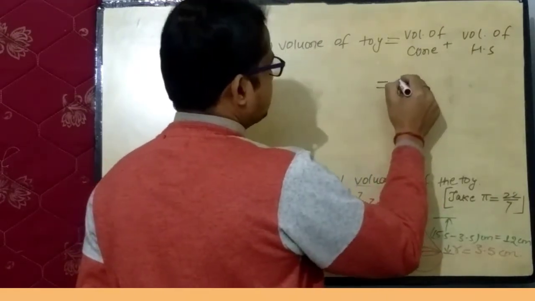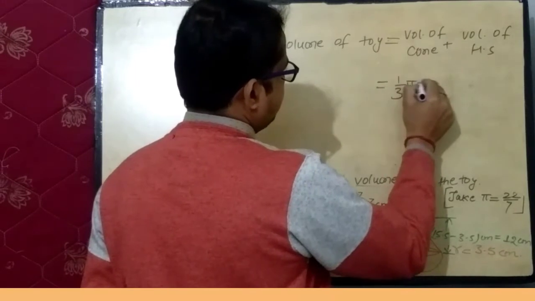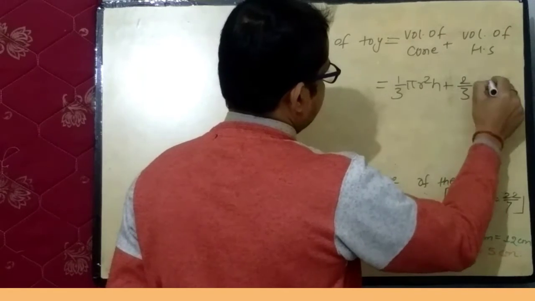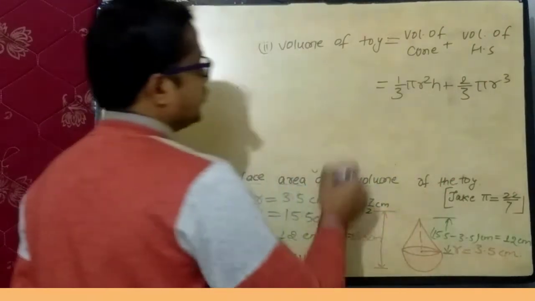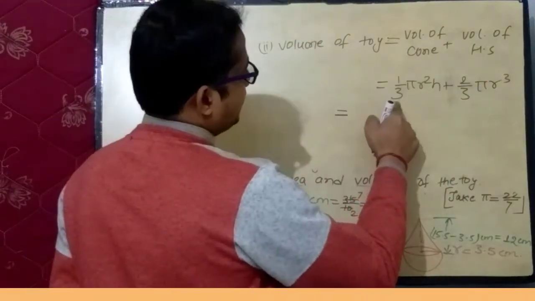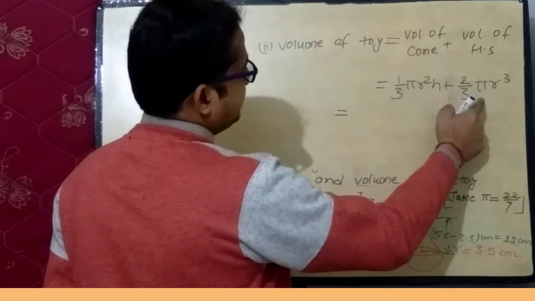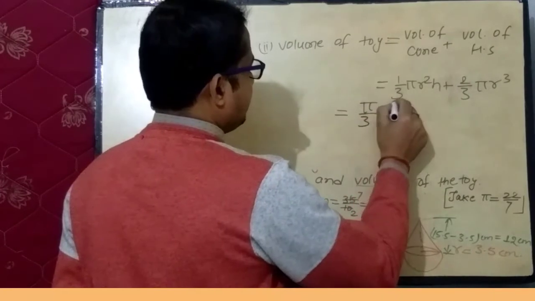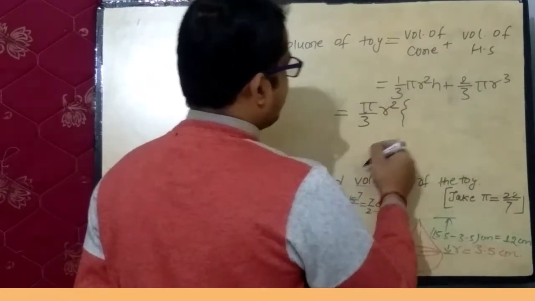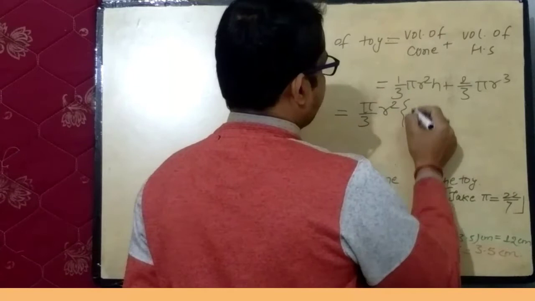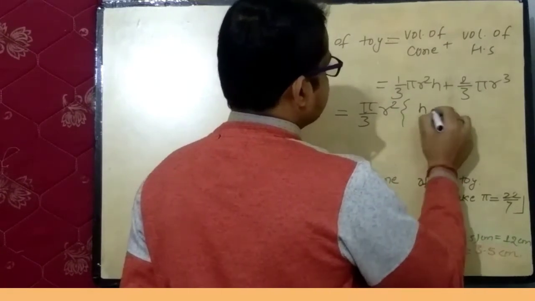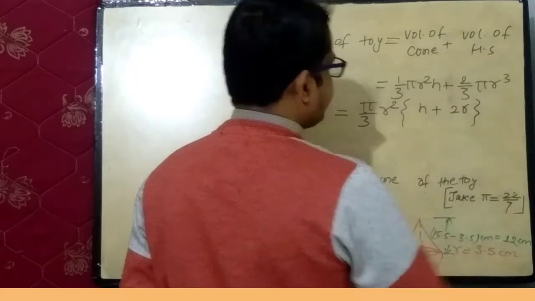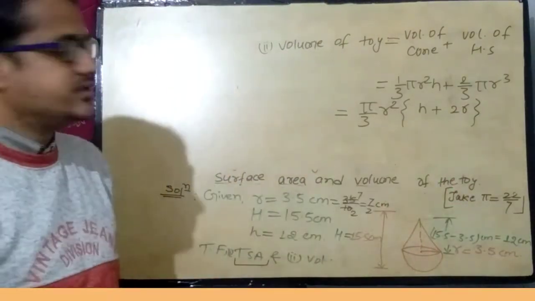Volume of cone equals 1 by 3 pi r square h add up 2 by 3 pi r cube. Take 1 by 3 pi and r square common, so pi by 3 r square is common from both terms. Then what will remain? This will be h add up to r. This will remain inside the bracket.